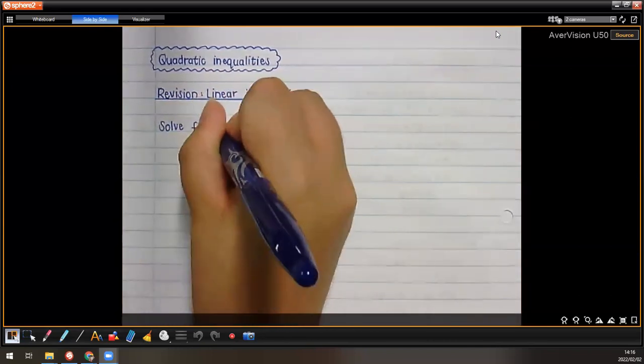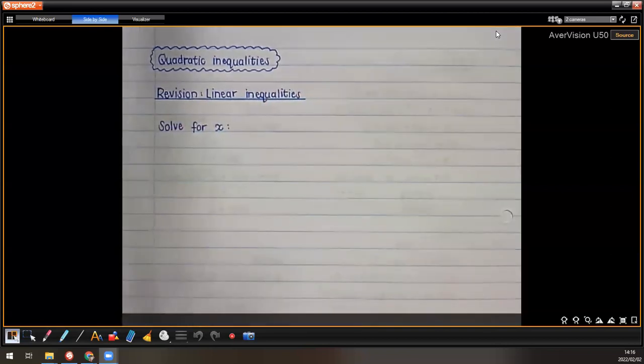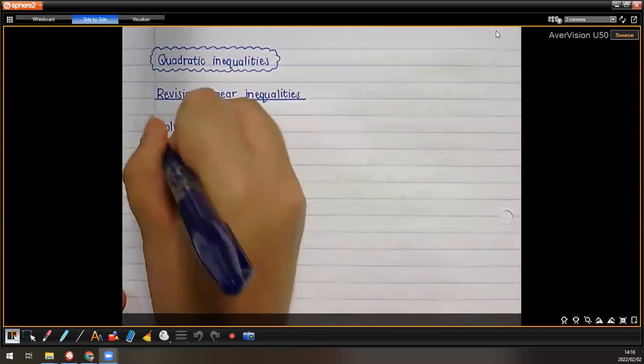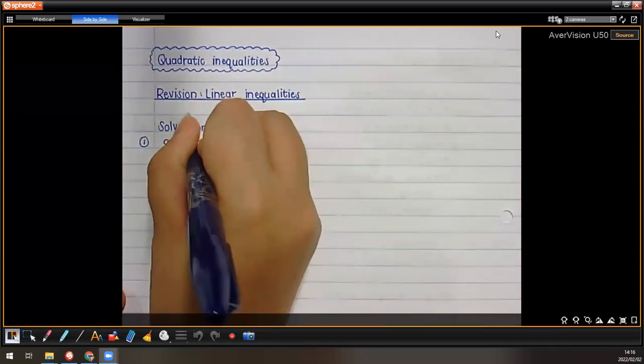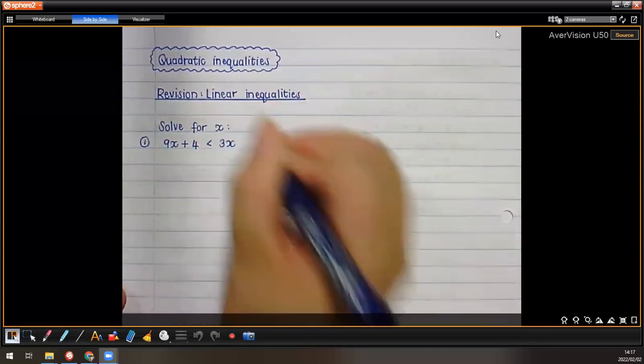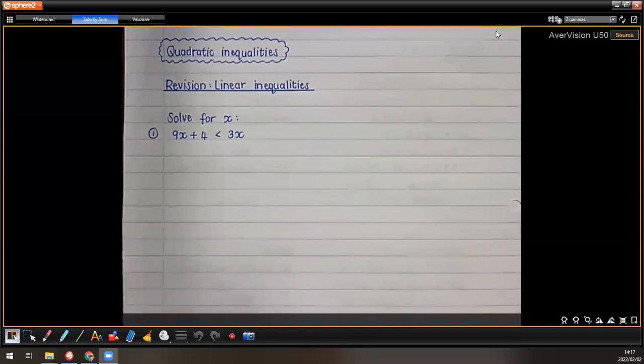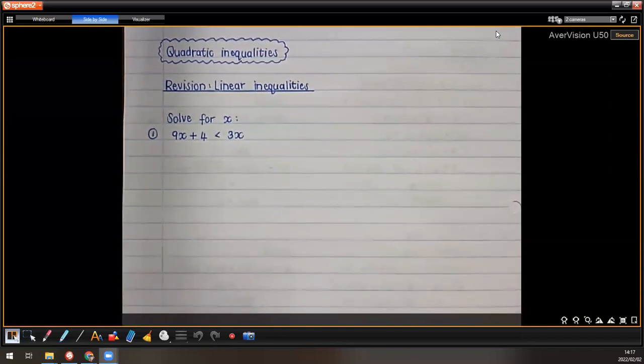Again, we are solving for x. If we have something like 9x plus 4 is smaller than 3x, that symbol is familiar, do you see that now?